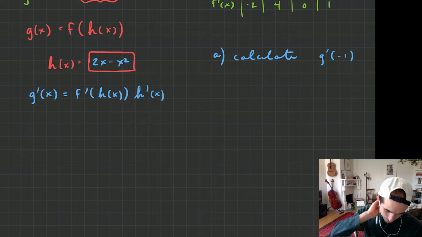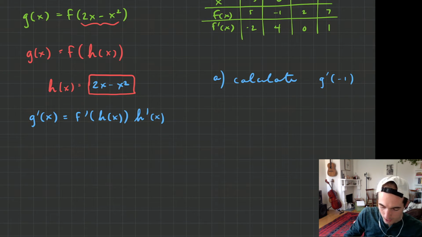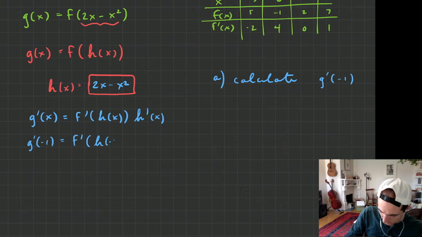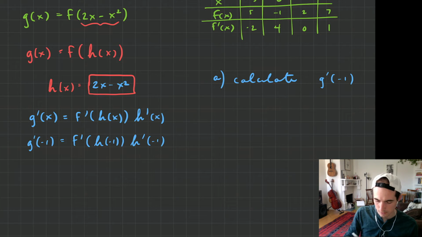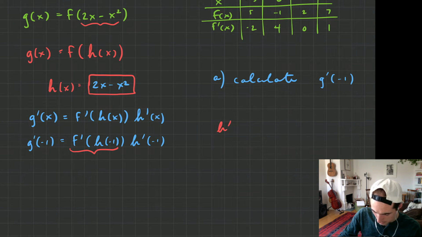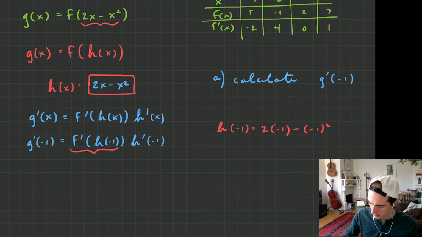Well, let's start plugging some of this stuff in. So we're looking for what? g prime of negative 1. So g prime of negative 1 is f prime of h of negative 1 times h prime of negative 1. Let's look at that part. h of negative 1 is, well, what is it? 2 times negative 1 minus negative 1 squared.